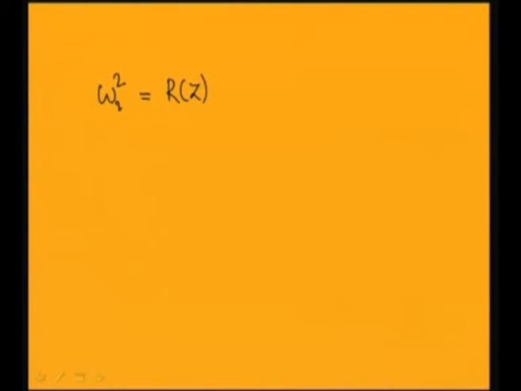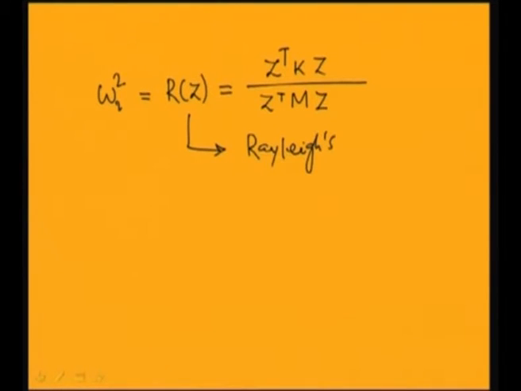Then it will be z transpose k z divided by z transpose m z. This R of z, this quotient, is known as the Rayleigh quotient of the system.